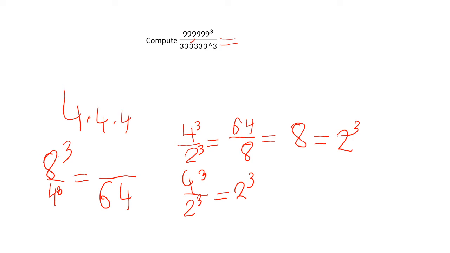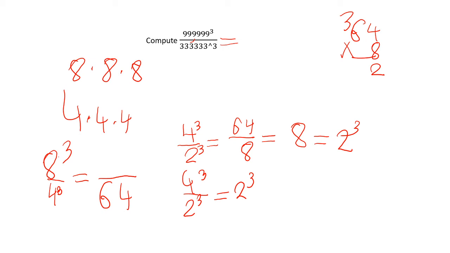So, 8 cubed, we can just compute that. That's 8 times 8 times 8. 8 times 8 is 64. We need to compute what 64 times 8 is. We can do it by hand. 8 times 4 is 32. 6 times 8 is 48.